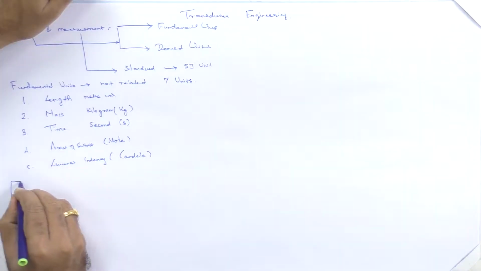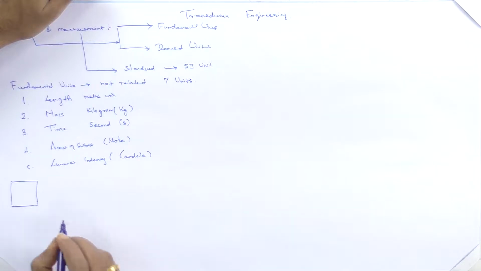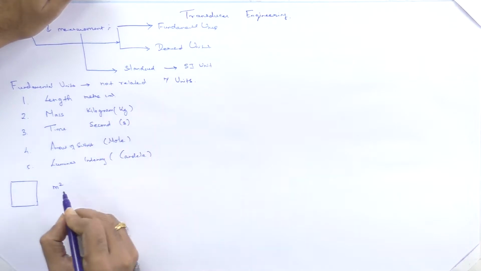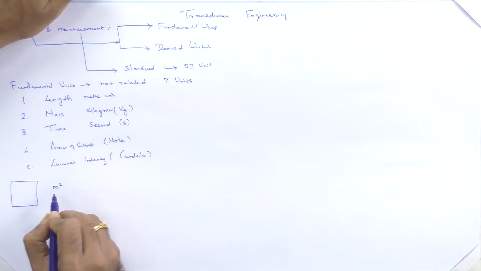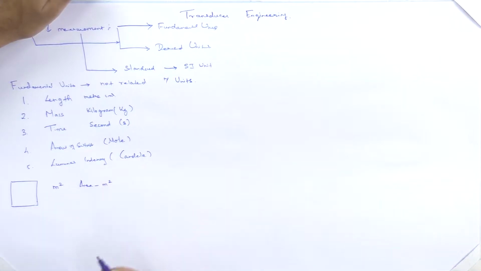For example, we will take the area of a square. What is the area of a square? It is represented with meter square. This meter comes from length and it's also squared. So area's unit is meter square.